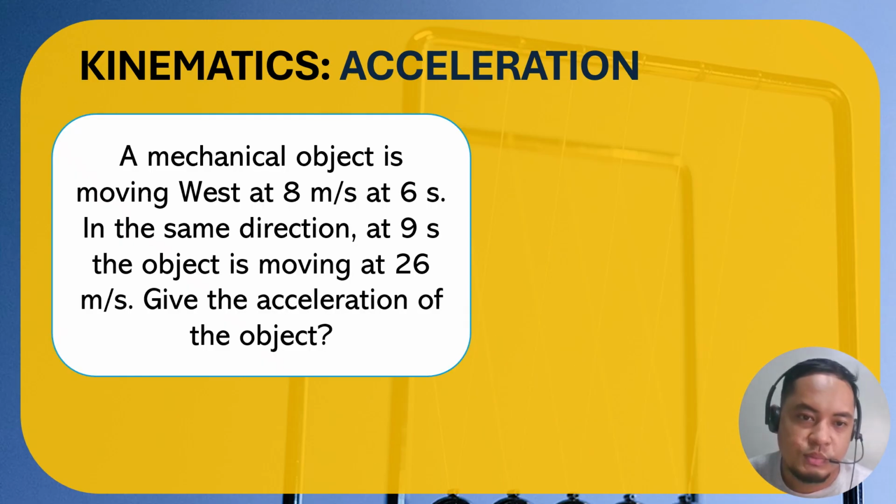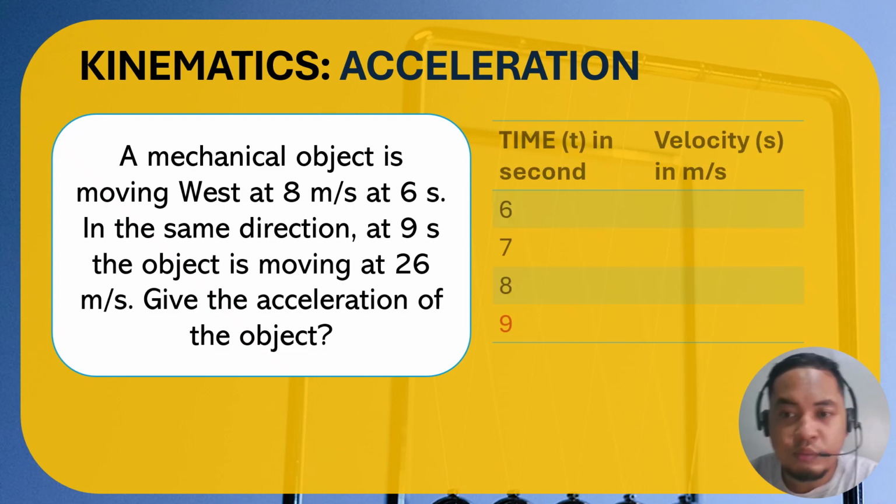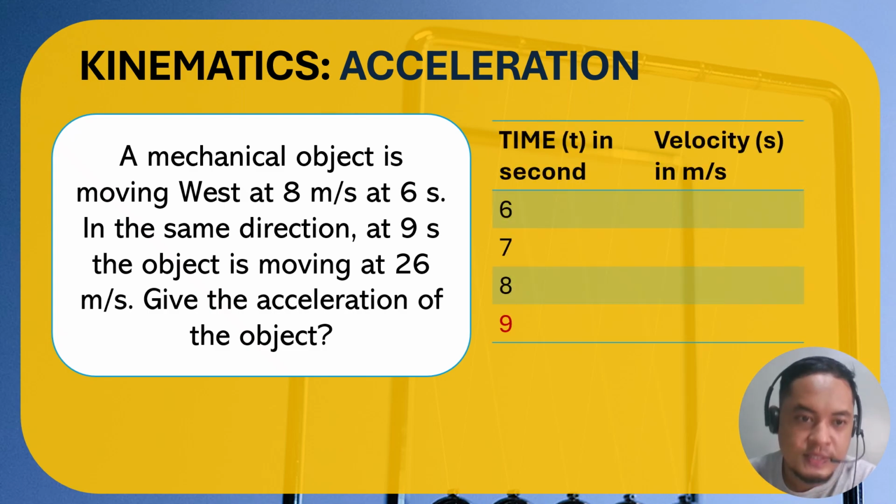A mechanical object is moving west at 8, and that's the problem. Earlier we will be showing the table. So at 6 seconds, we have 8 meters per second velocity. It's west, so it's negative. And then the target is to provide the velocity at 9. And the acceleration earlier was negative 6, right?